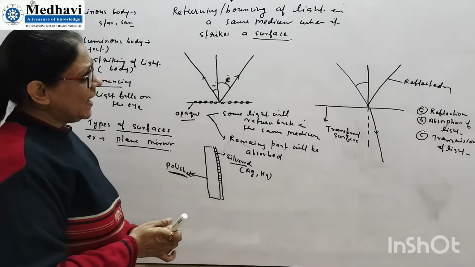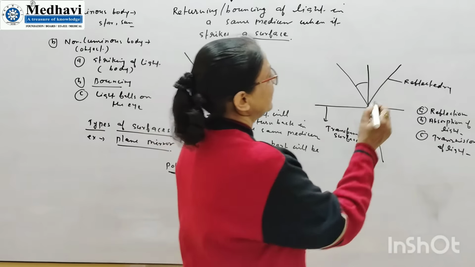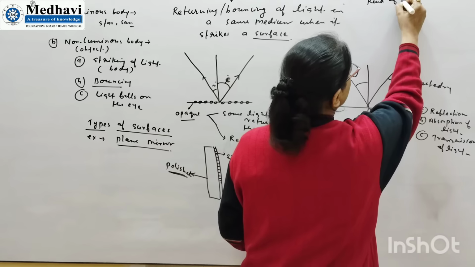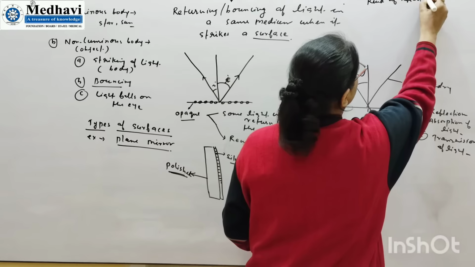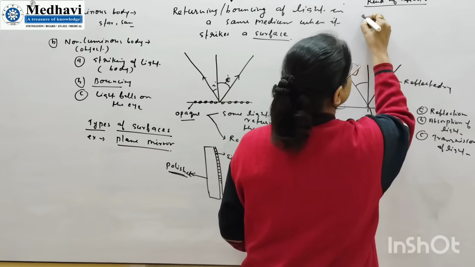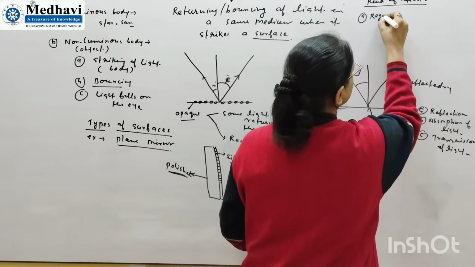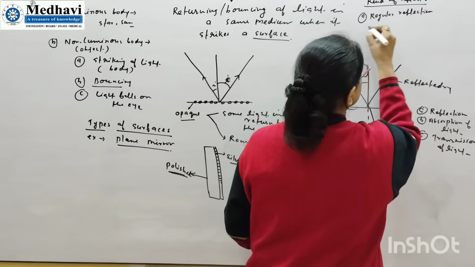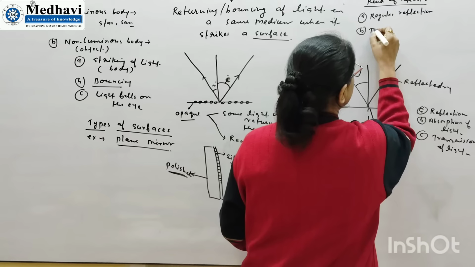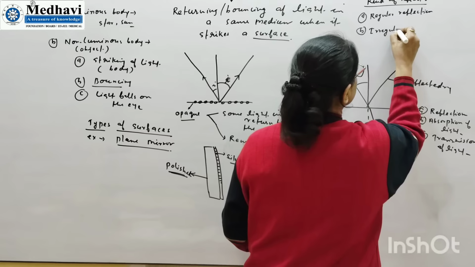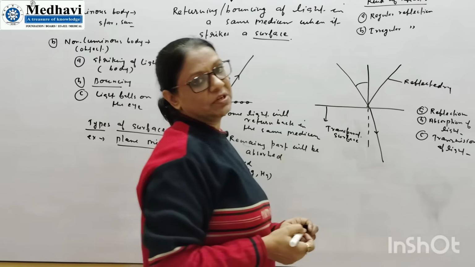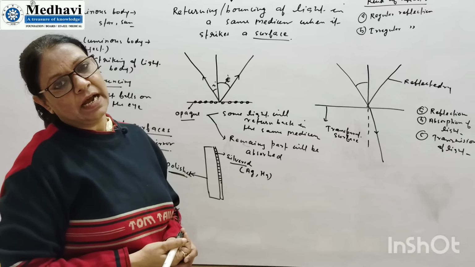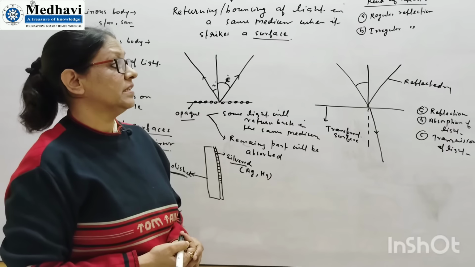There are two types of reflection. So the next part that we need to study is kinds of reflection. First is the regular reflection, and second is the irregular reflection. Very important points. These kinds of reflection are based on the kinds of surfaces we have selected.